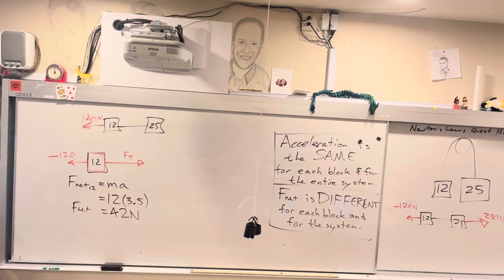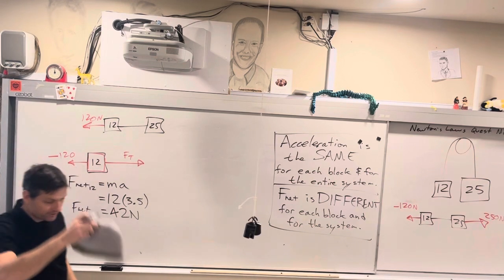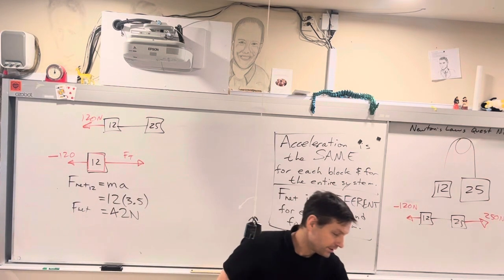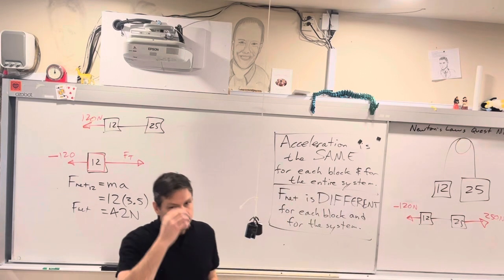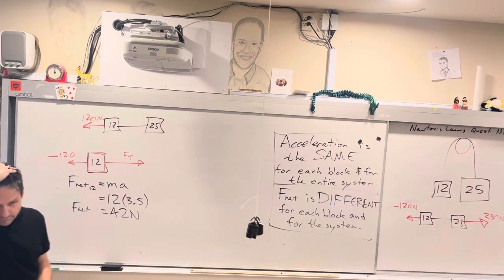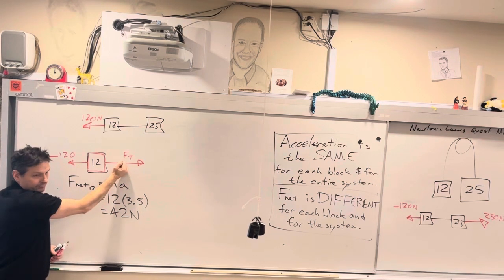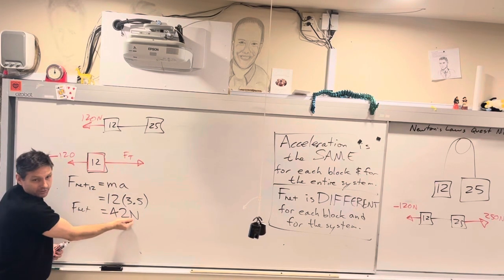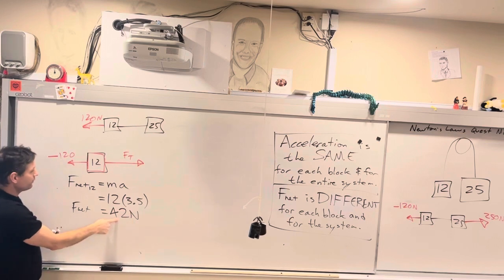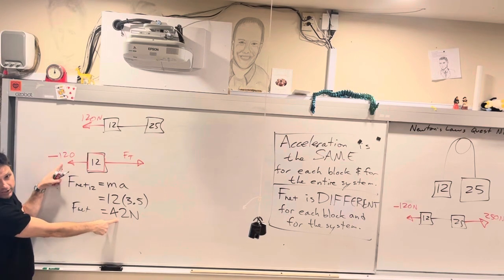Okay. Now we have the net force on this block. This next part depends if you're mathy or if you're real worldy. If you're real worldy, you're going to say, I know this tension force wins, and I know it wins by 42. So it's got to be 42 more than 120. So it's going to be 162.